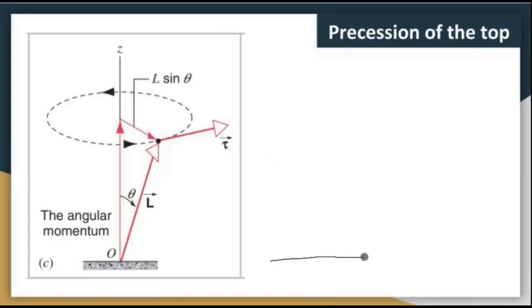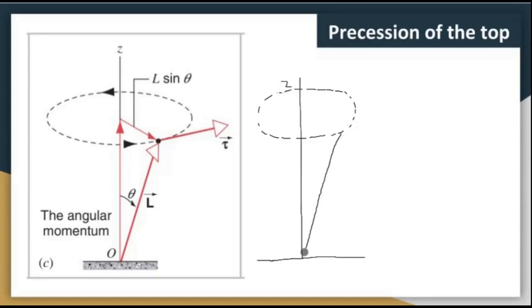Let's analyze the effect of torque on the angular momentum. The direction of angular momentum is along the axis of the top. So from this we can see that the angular momentum and torque are at 90 degrees to each other.